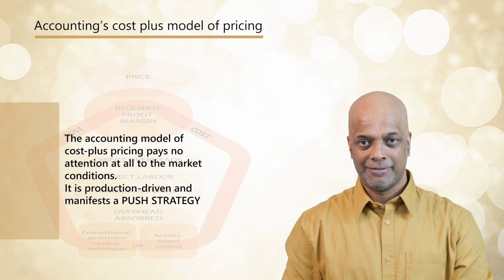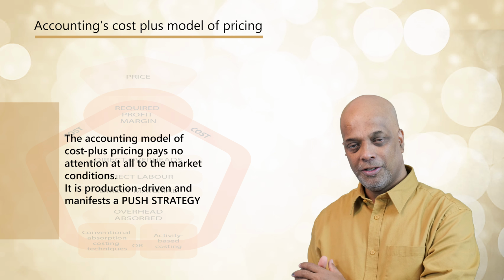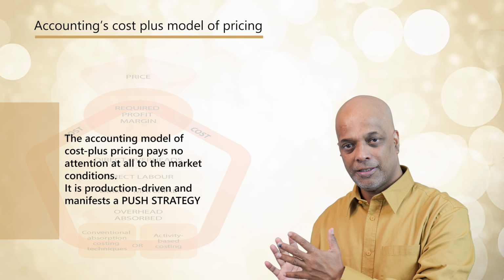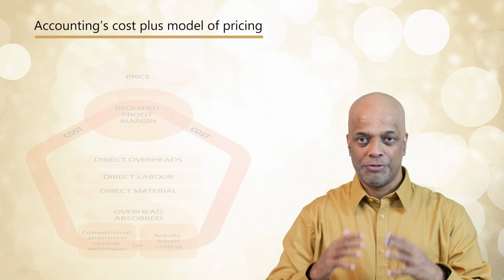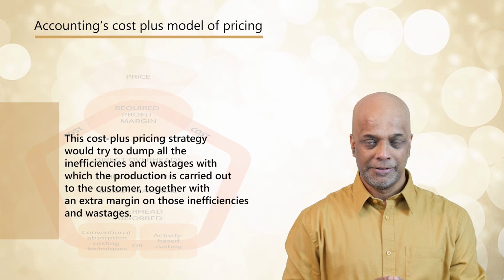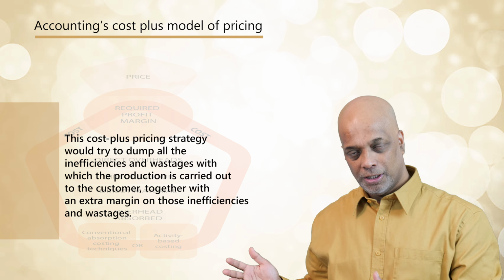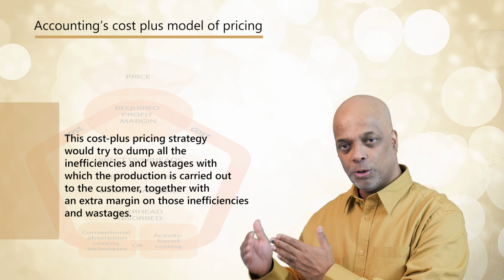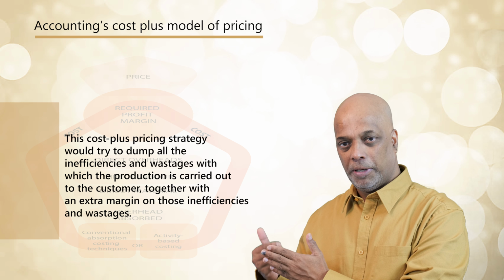And this accounting model of pricing is totally production driven or production based, and it manifests a push strategy. What I mean by that is the firm would carry out producing its goods and services whichever way the firm thinks best.